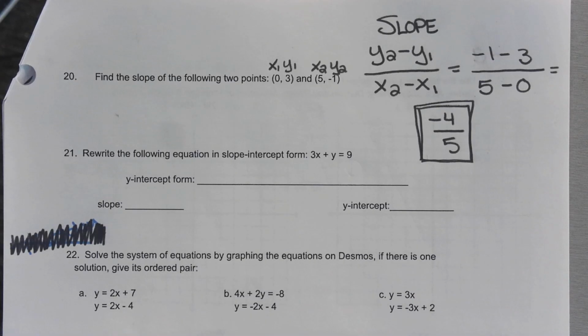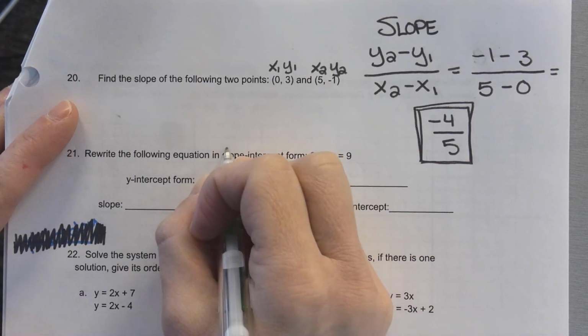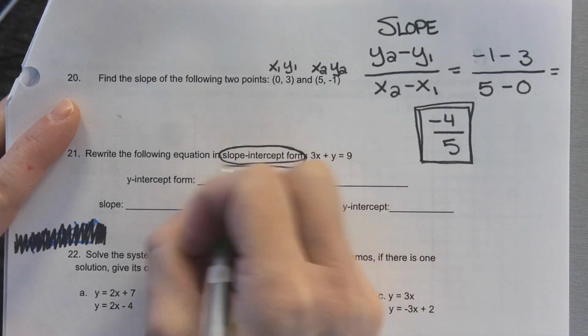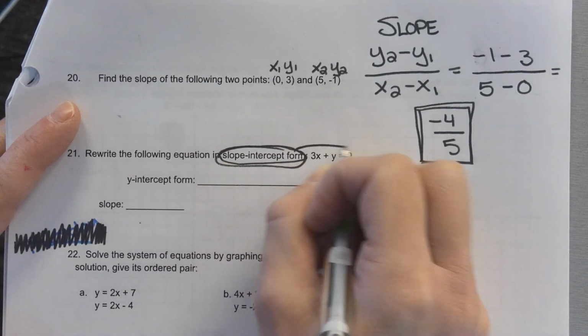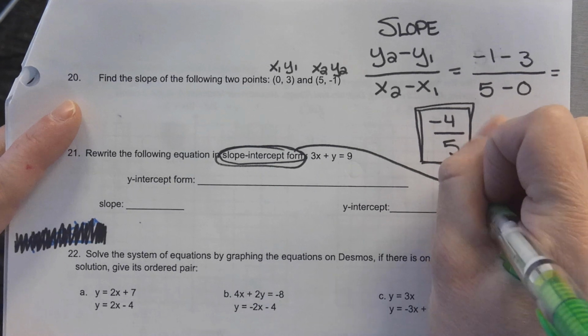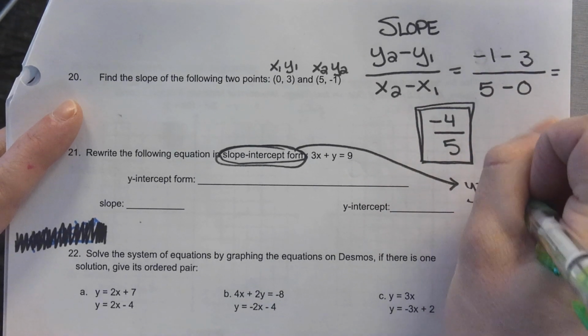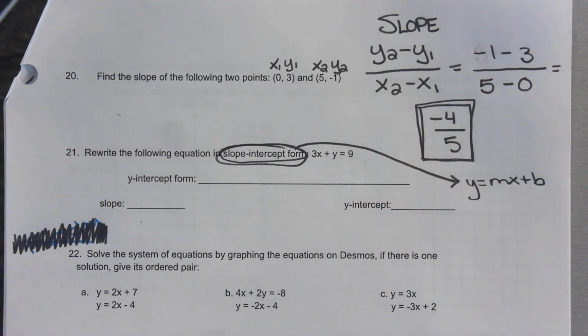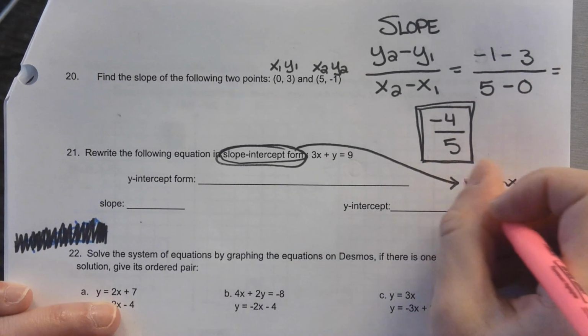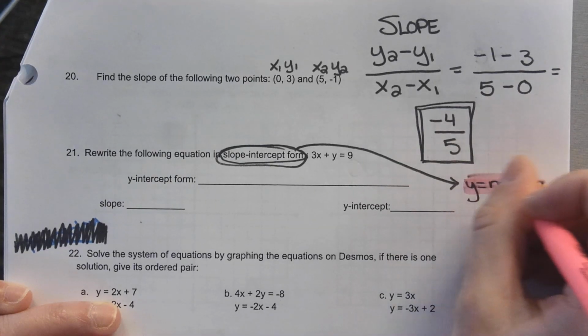Okay, ready? Next one, slope-intercept form. This is the one you guys were telling me a minute ago when I asked for standard. This is y equals mx plus b. This is the one we see a lot more often, right? So we've got y on the left and everything else on the right.